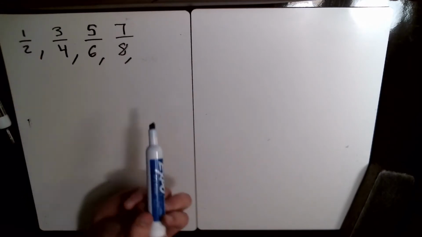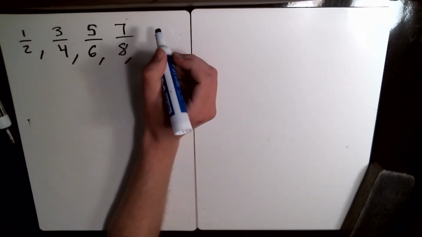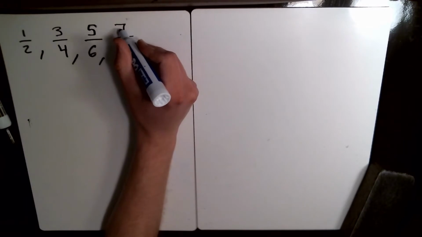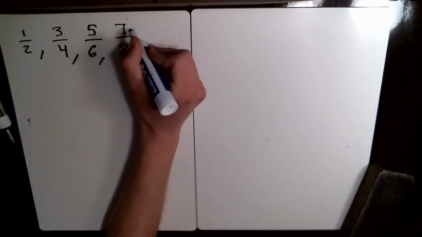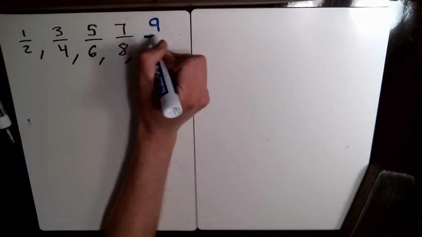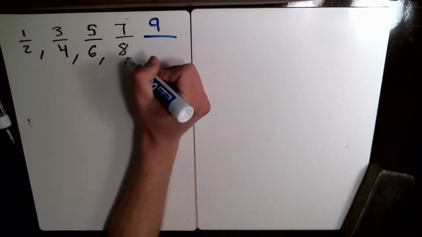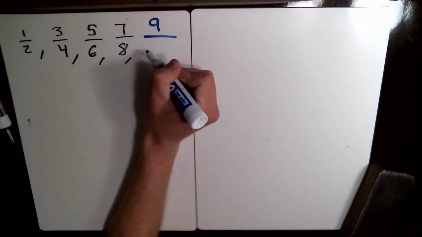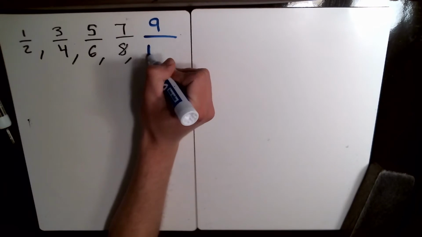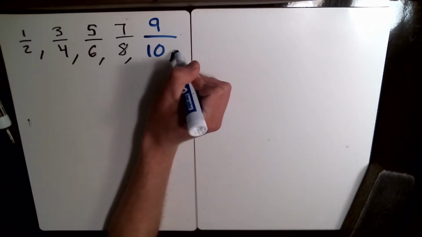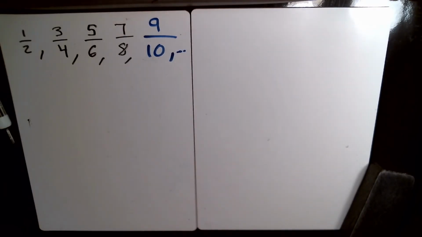So for the next term in this sequence, I would go 2 more on top, so 9, and then 1 more than that on the bottom, so 9/10 would be the next term, and it just keeps going from there. The next one after that would be 11/12, and so on.